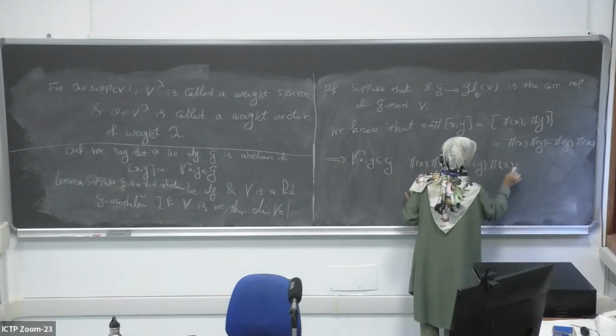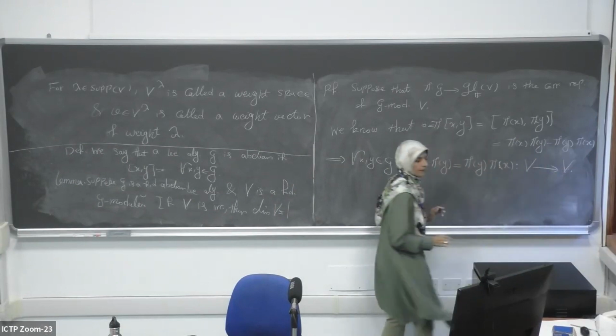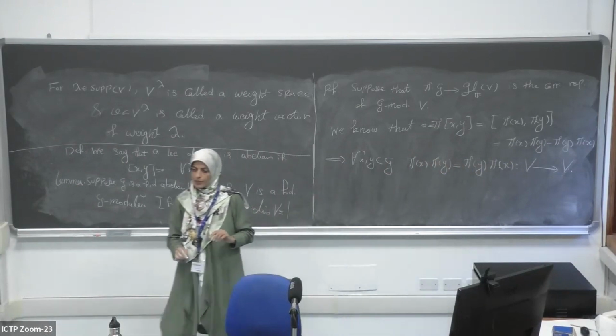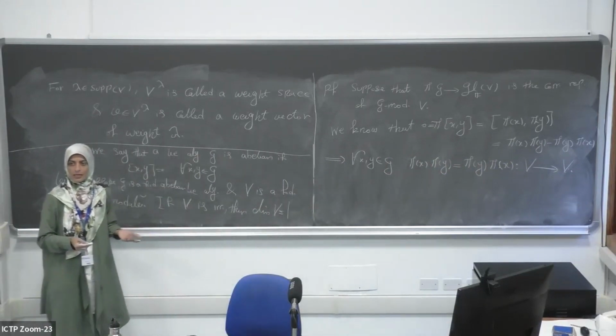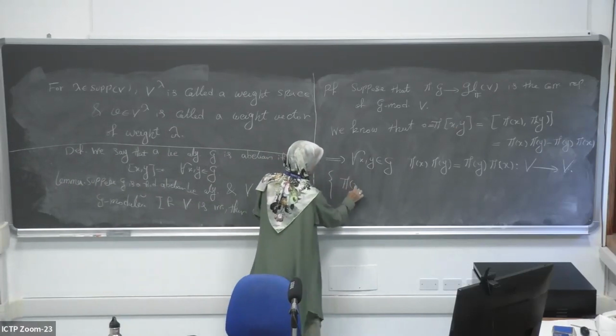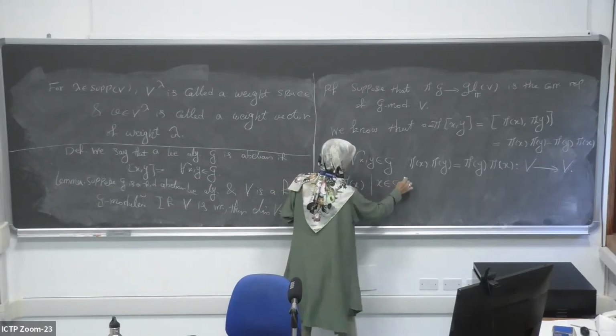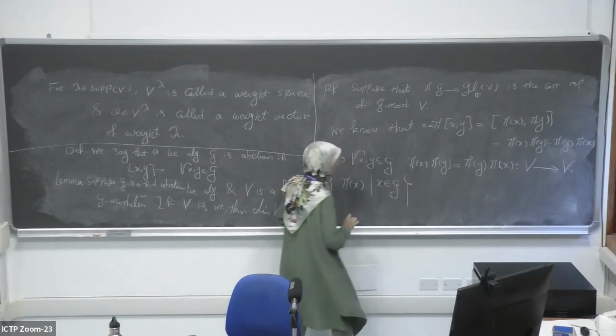And these are endomorphisms from V to V. Right? So what do we have? We have some commuting endomorphisms.